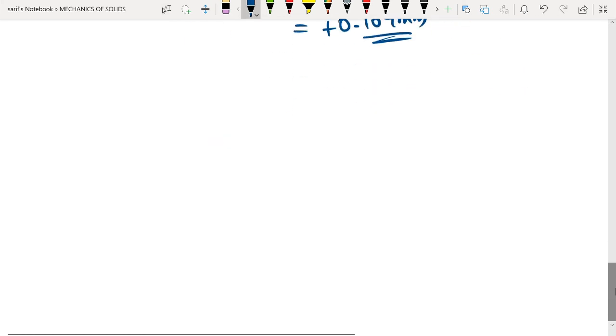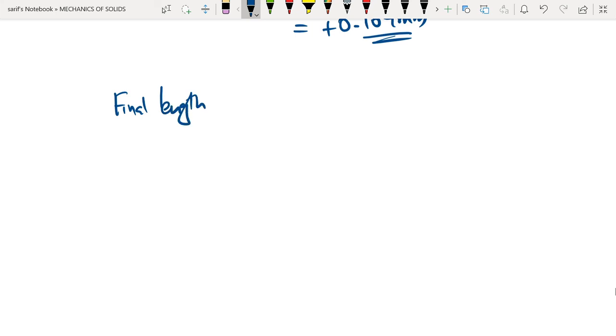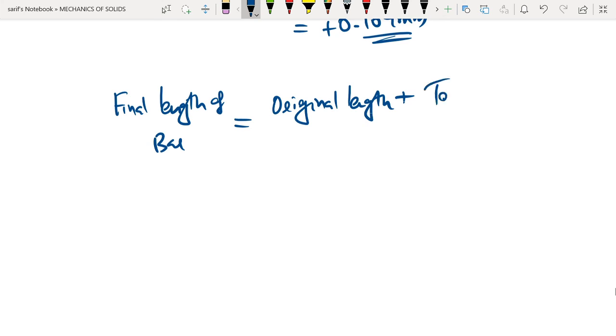Now the final length of the bar is equal to the original length plus the total change in length.